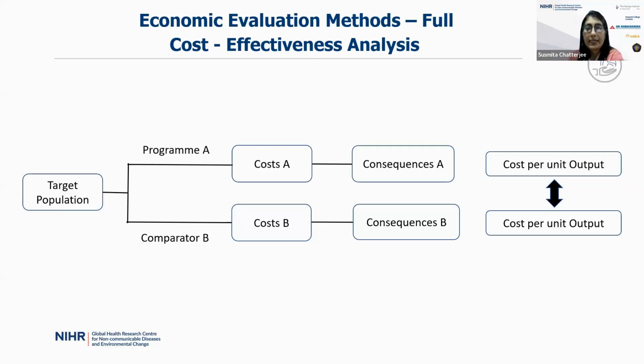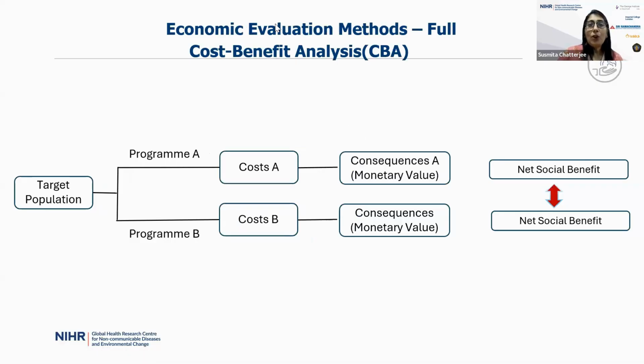This output is the number of deaths and the number of hospitalizations. I hope it is now clear. Please feel free to put in chat if you still have confusion.